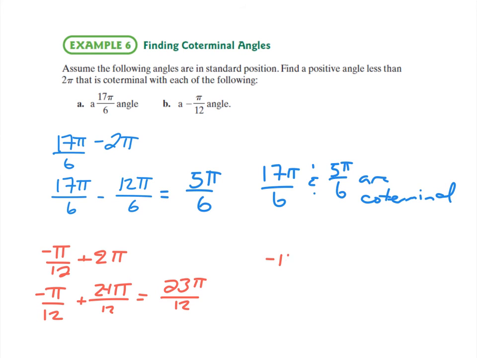So negative pi twelfths and 23 pi twelfths are coterminal. And remember, coterminal means both of these angles share the same terminal ray.